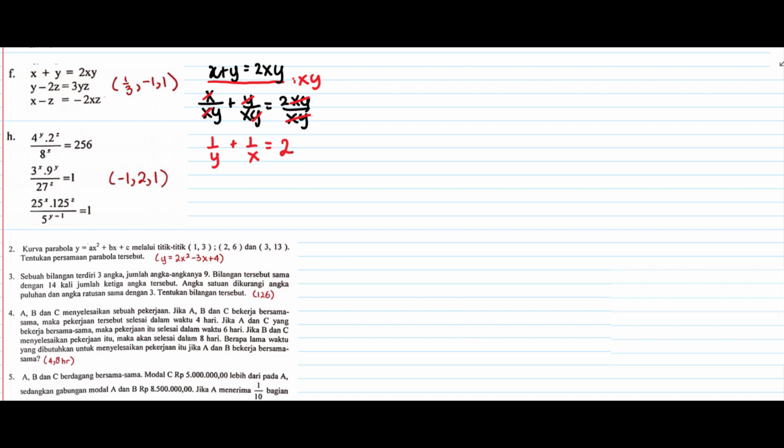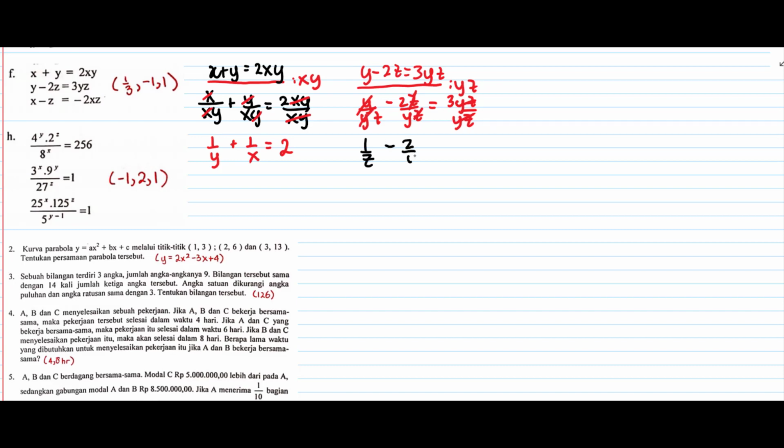For the second one, I have y minus 2z equals 3yz. I can divide them all by yz. So I have y over yz minus 2z over yz equals 3yz over yz. Cross out, and then cross out again. The result is 1 over z minus 2 over y equals 3.